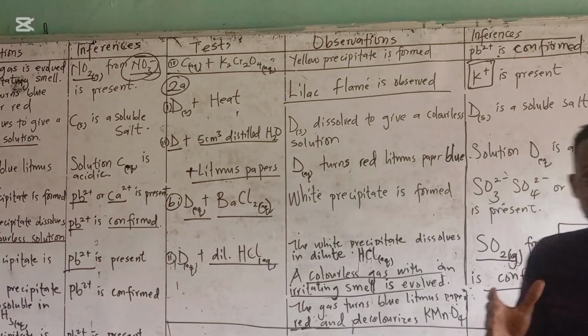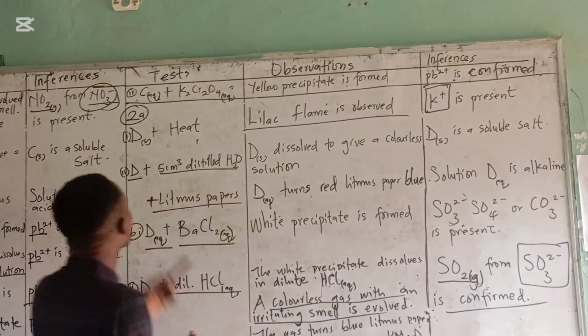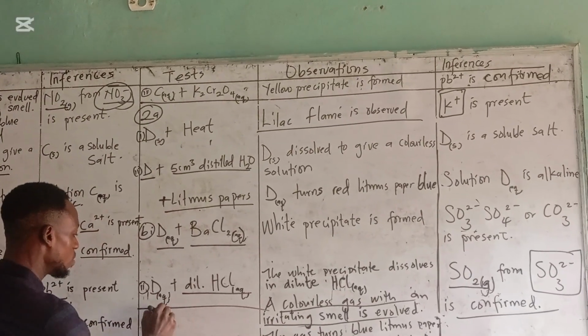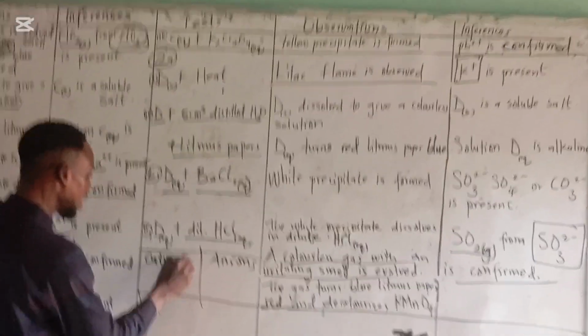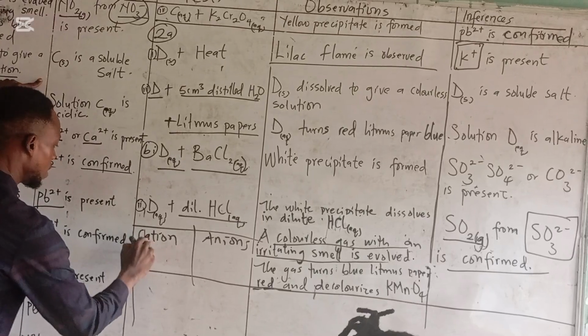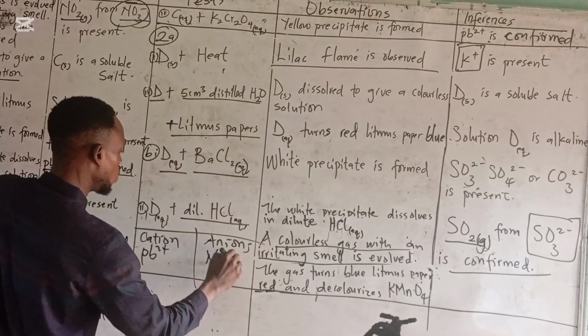Now, the conclusive part of our teaching is that for sample C, we have our cation and anions. Our cation for sample C is lead 2 plus, and our anion is NO3 minus.